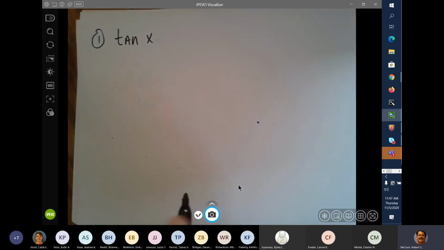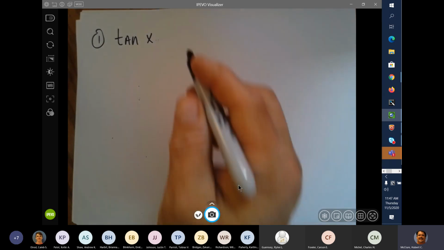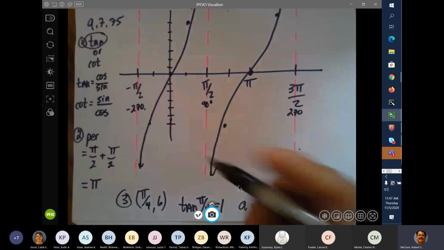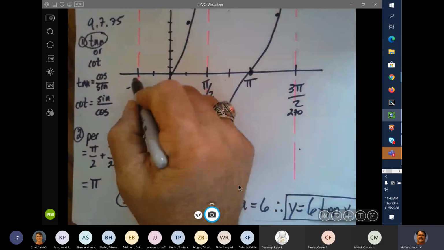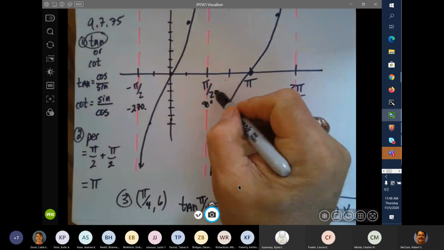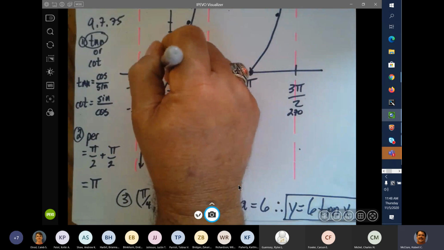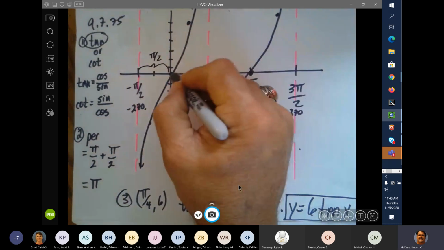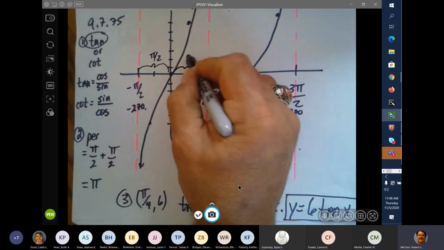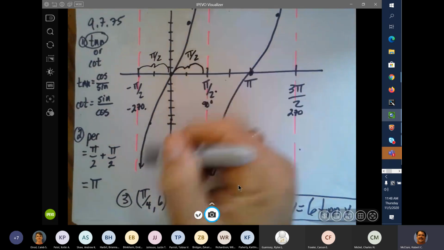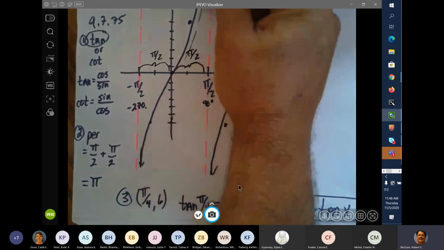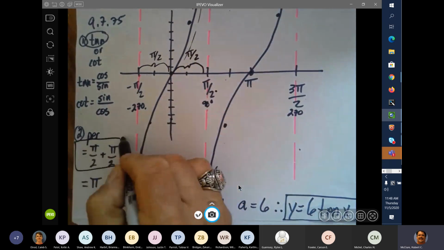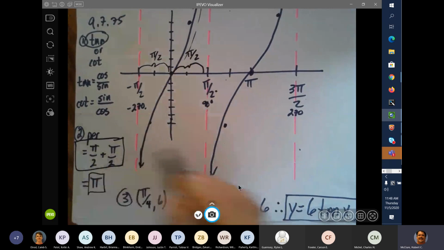All right, now with the tangent, like I said right here, has a period from negative pi over 2 to pi over 2. So this distance right here is pi over 2, and this distance right here is pi over 2. So if I want to find the total cycle, that would be pi over 2 plus pi over 2, which gives you pi.